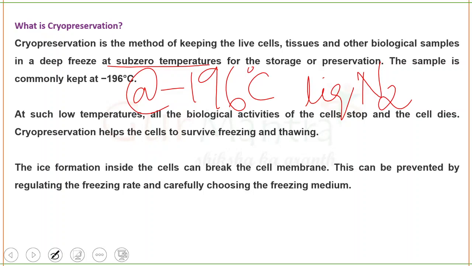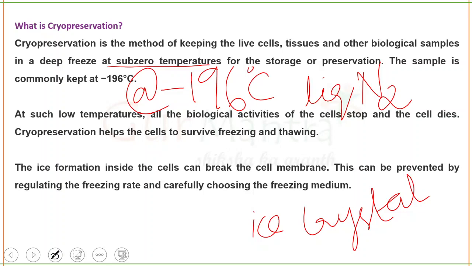The first thing, why does a cell die when it goes into sub-zero conditions? The cell has water content, right? The cell has water content in the cytoplasm. So when you take the cell below 0 degrees, where the freezing point starts and the cell starts freezing, ice crystals will be formed inside the cell, which are very sharp needle-like structures.